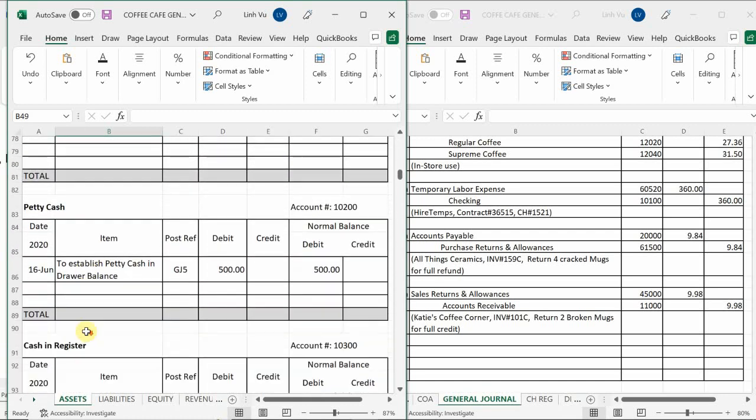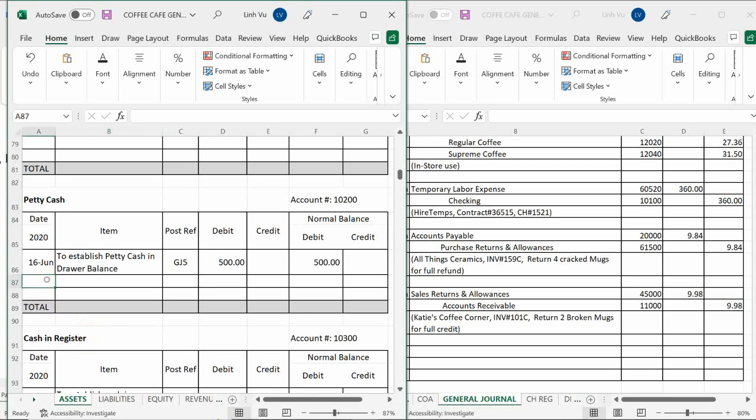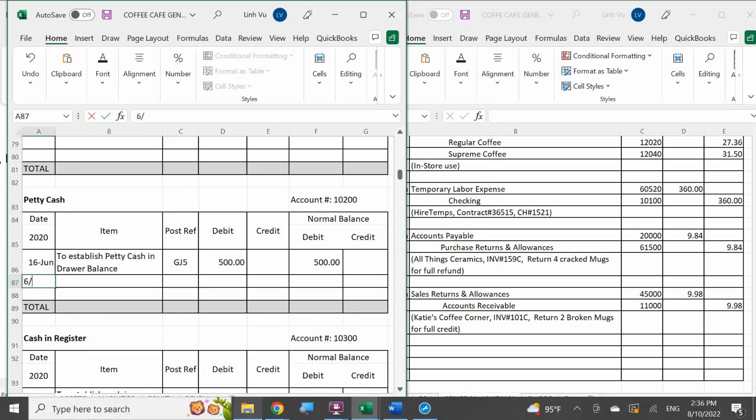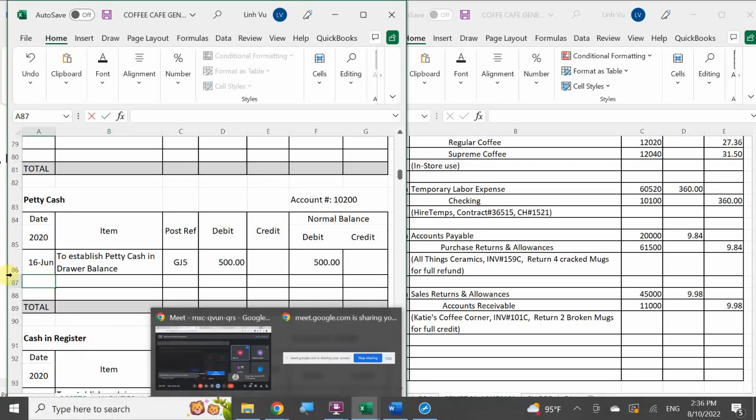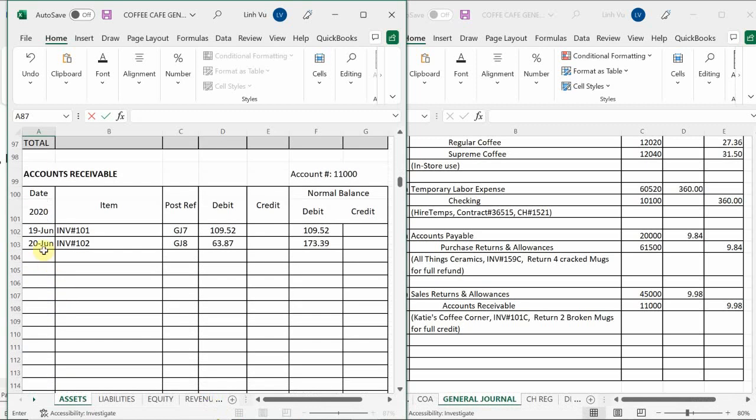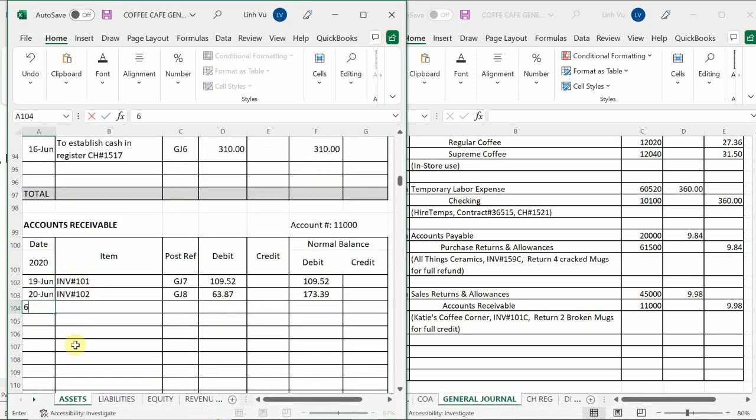And then we update the accounts receivable. It's 621, invoice 101C. This one is fine. You don't need to put the detail on that one.